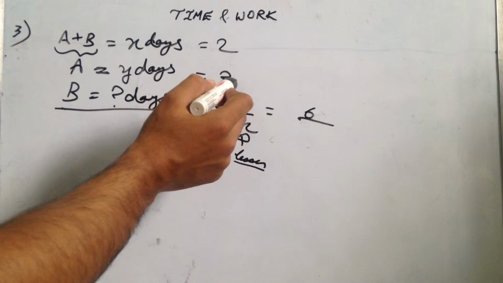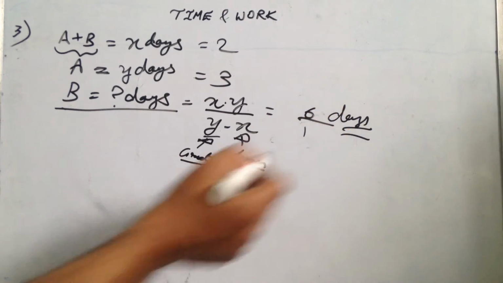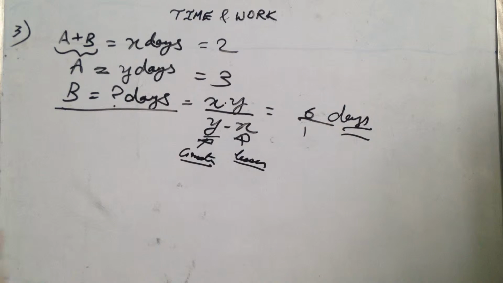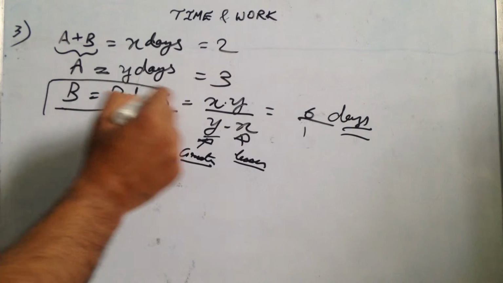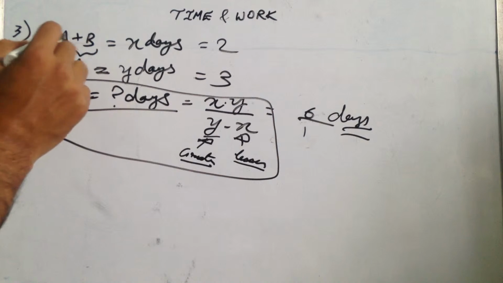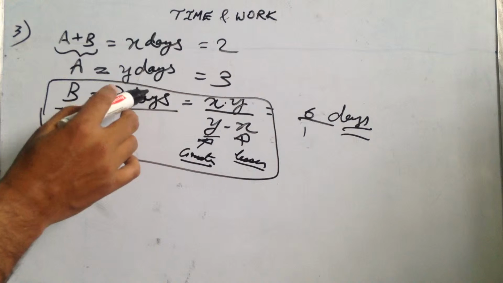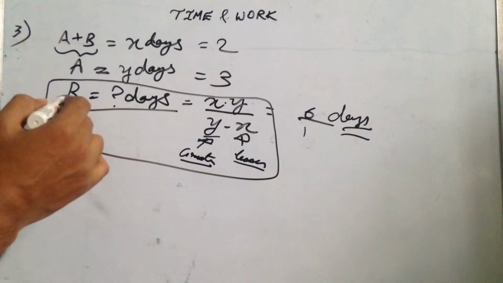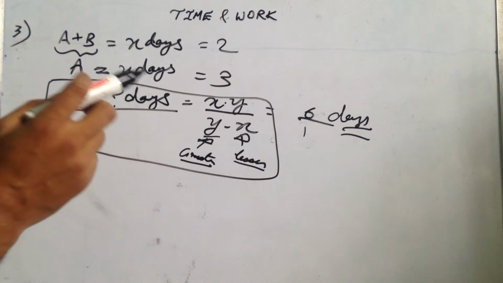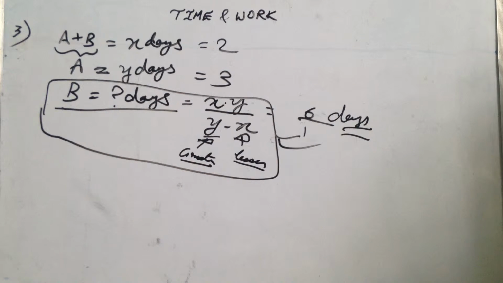So 3 minus 2 is 1. So directly it will come to 6 days. So just remember this formula. If it is given that 2 persons are working and 1 person's days are given if he works alone, and you have to find the other person working alone, then use this direct formula.